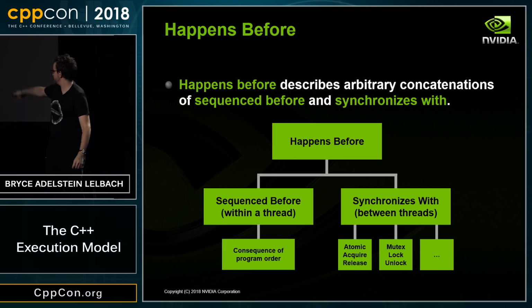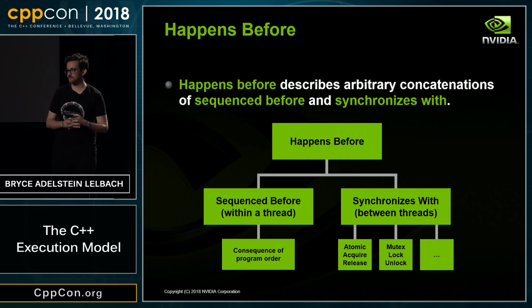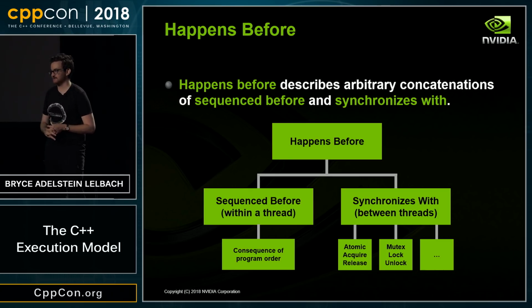The basic idea being sequenced before gives you your evaluation order within a single thread, and it's a consequence of program order, and synchronizes with gives you relations between threads. So the complexities of the wording of the standard to make memory_order_consume work don't change the underlying model. They just complicate it in ways that I don't think are interesting to discuss here.